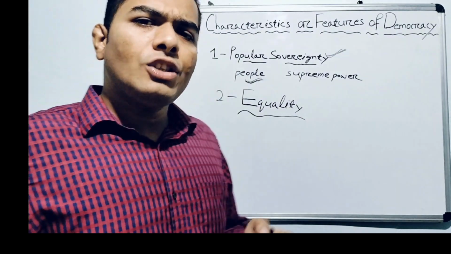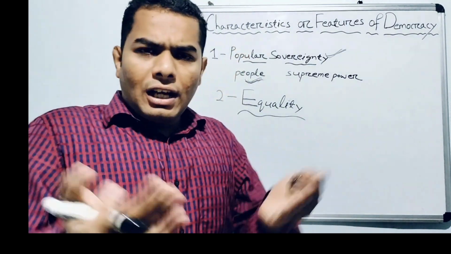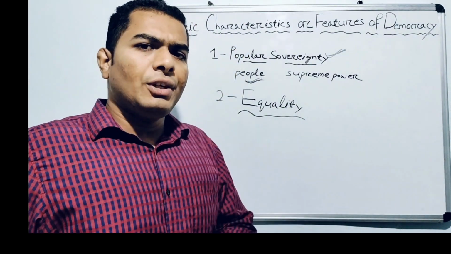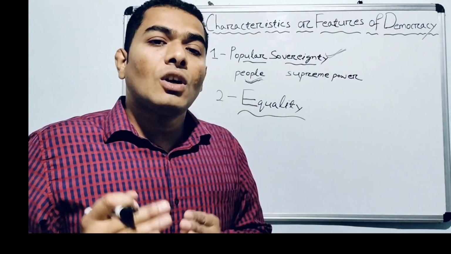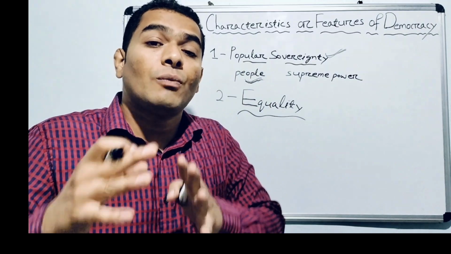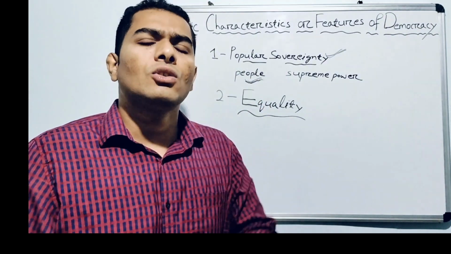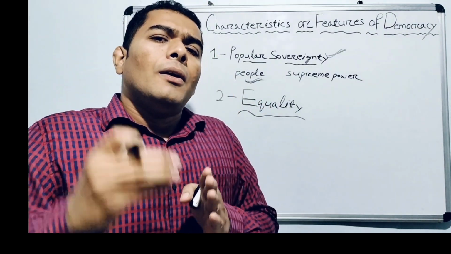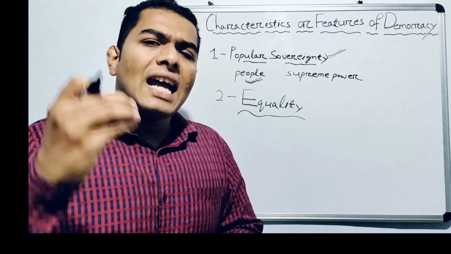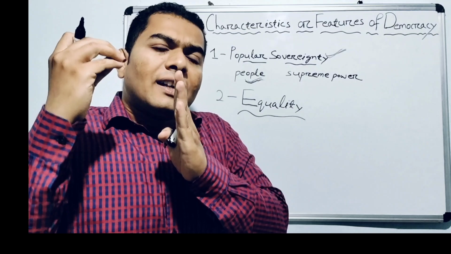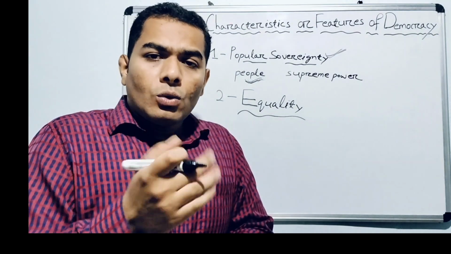So the first one is political equality. Political equality means the people have equal opportunity in terms of political affairs and governance affairs. In terms of choosing the government, all the people have the equal right to cast their vote and to create the government according to their own will.